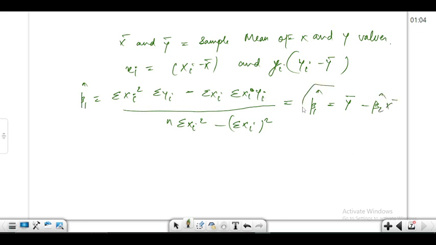So the relation between beta 2 hat and beta 1 hat can be calculated through this equation.